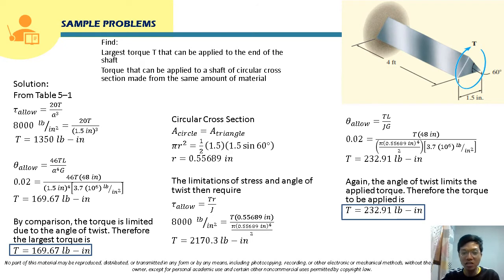As you can see, this is the same amount of material, but the circular cross-section can handle a larger torque. That's why, class, this is the more efficient cross section than an equilateral triangle cross section.